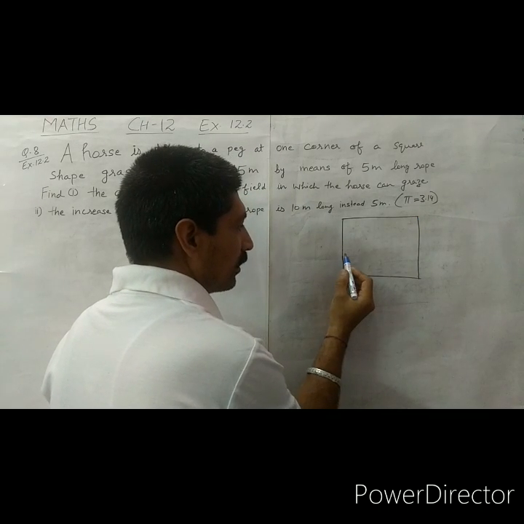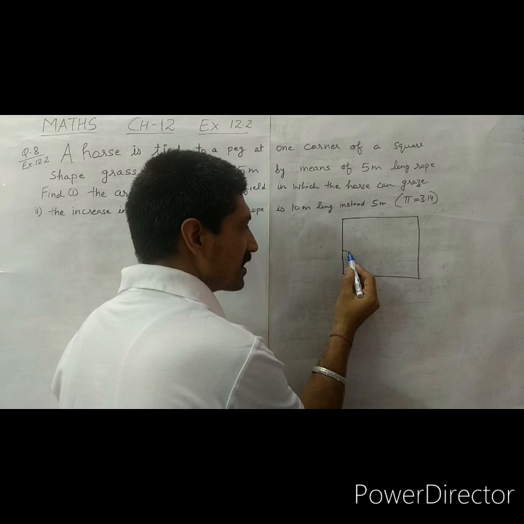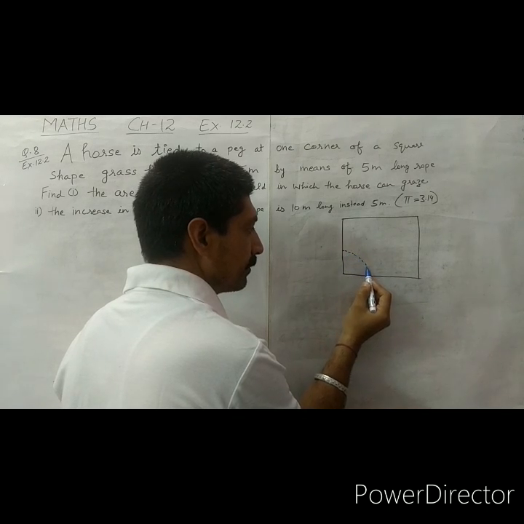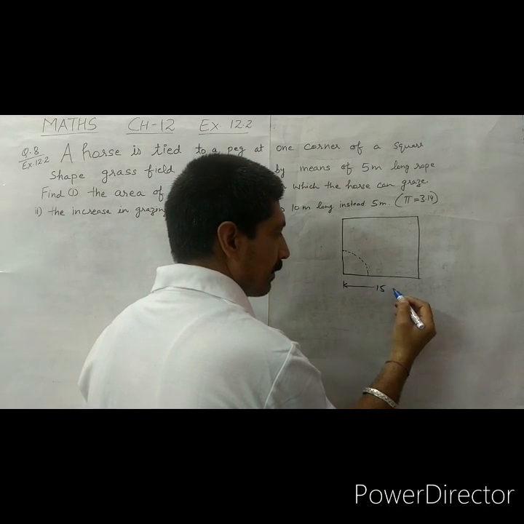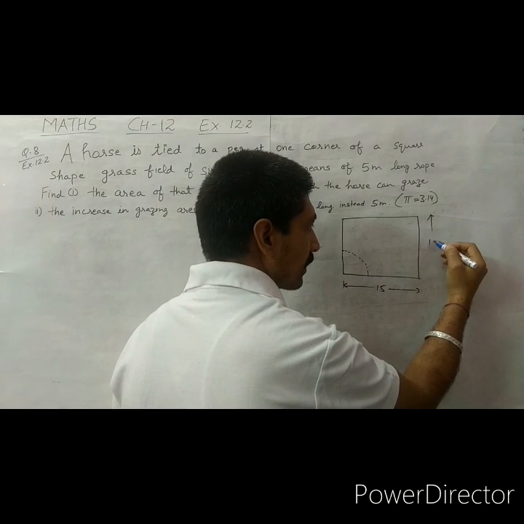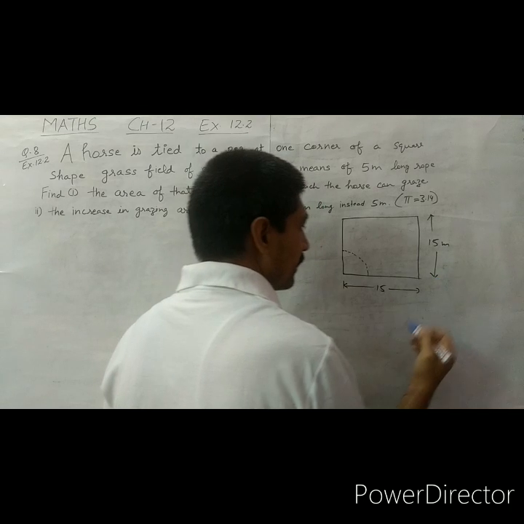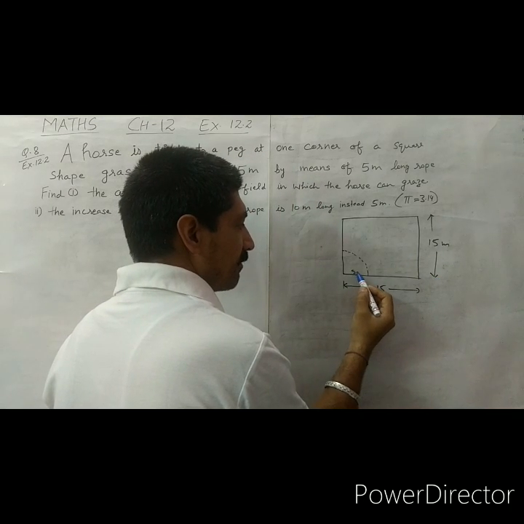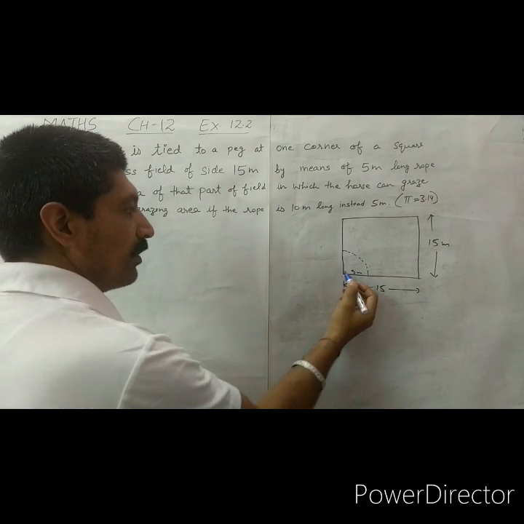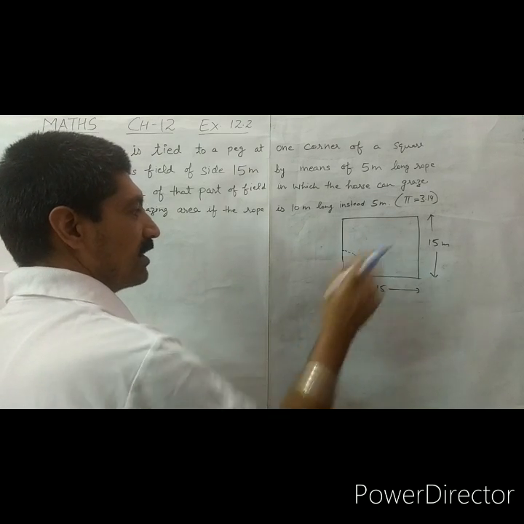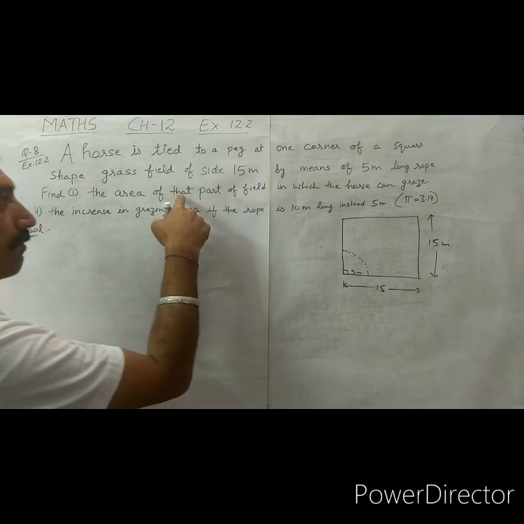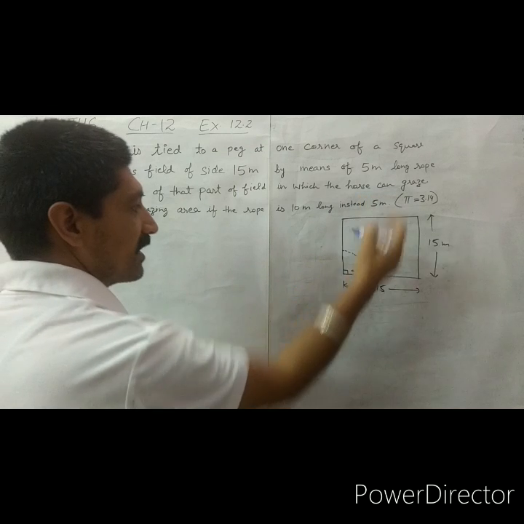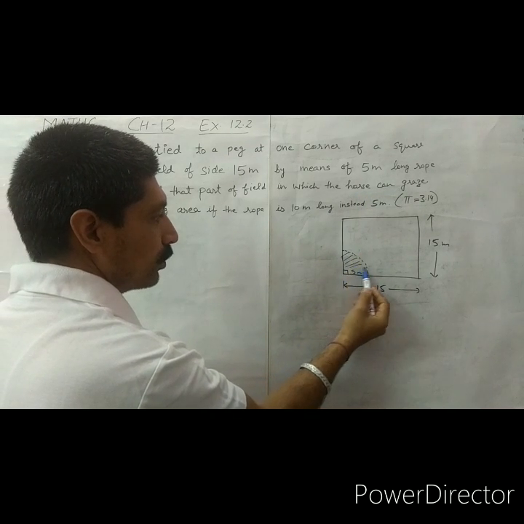At one corner, one horse is tied, and the distance here is 5 meter. Now we know the angle of squares are 90 degree. So solution here, we have the area of that part of the field in which the horse can graze. This area we want to find.